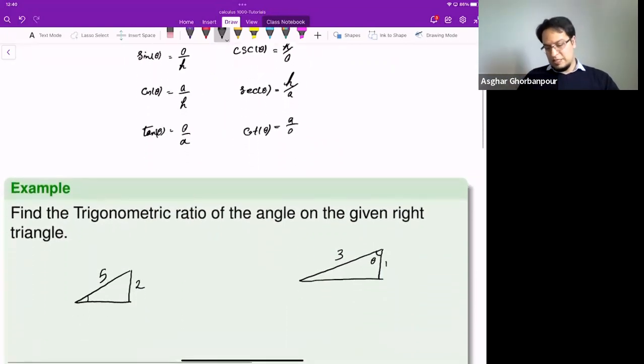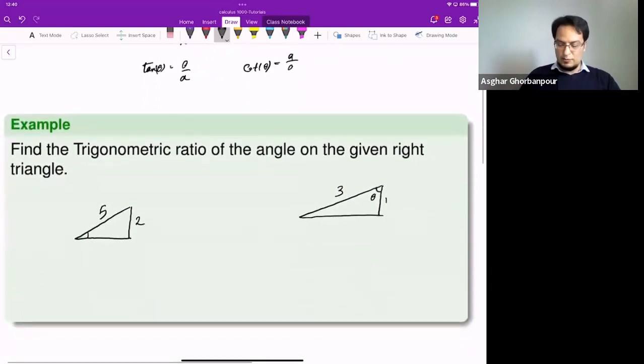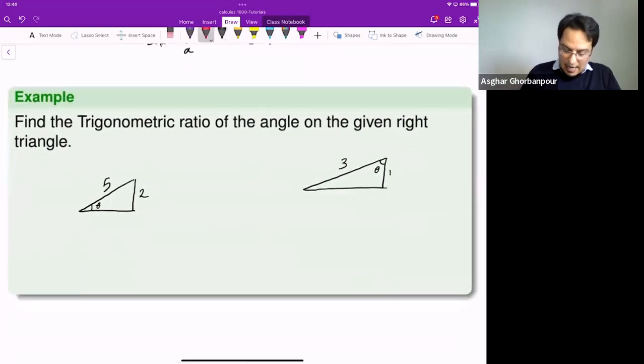Well, here are simple examples of this. For example, you can find all the ratios here. I want to find sine of theta. Here, theta is this angle, the opposite is this, the hypotenuse is this guy. I'm assuming this is a right angle.